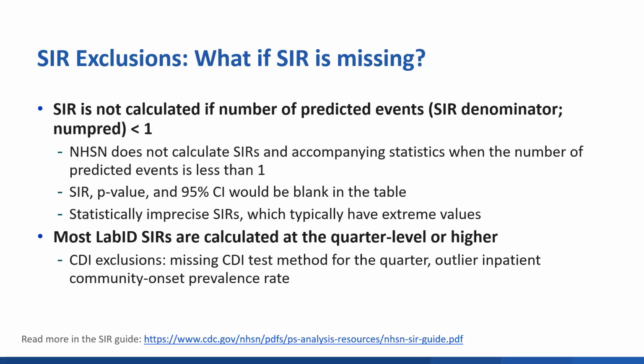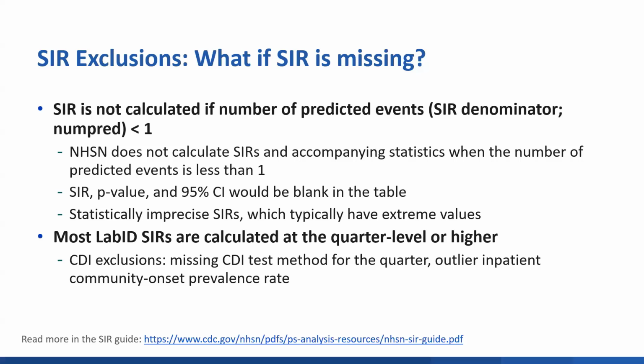Additionally, for CDI in the 2015 baseline SIR report, there will occasionally be additional exclusion tables at the bottom of the report. One of them that can show up is missing CDI test method for the quarter.